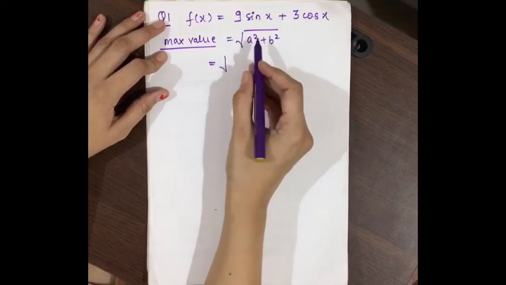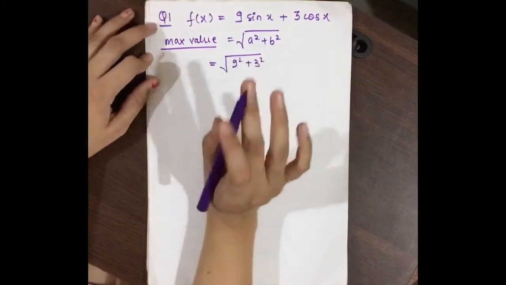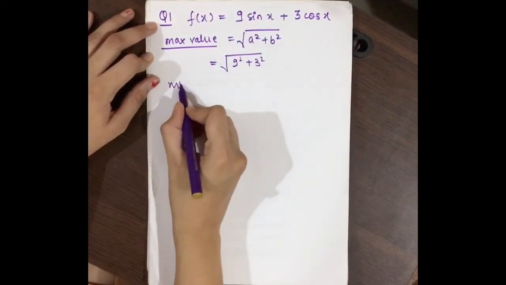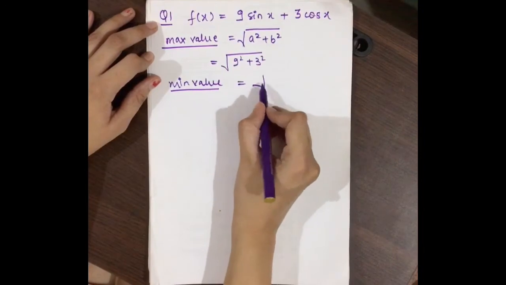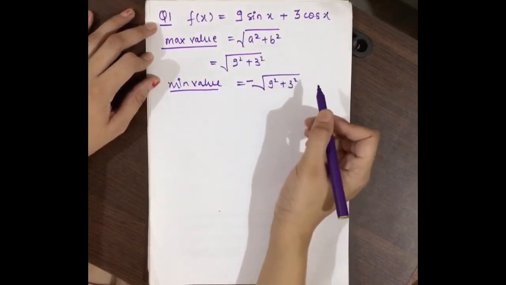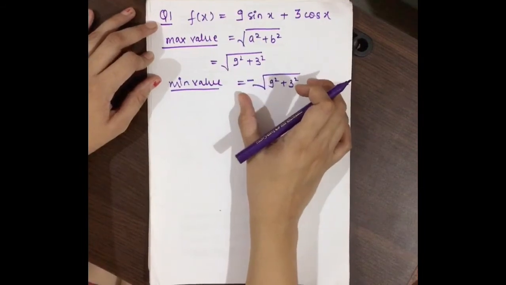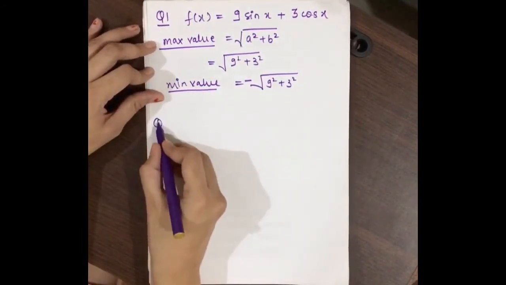So the maximum value will be under root 9 square plus 3 square, and you can find the answer, right? Now for minimum value, what will it be? It will be minus under root a square plus b square. So it will be minus under root 9 square plus 3 square. Now you can use the calculator and solve it. Now let's see another question.